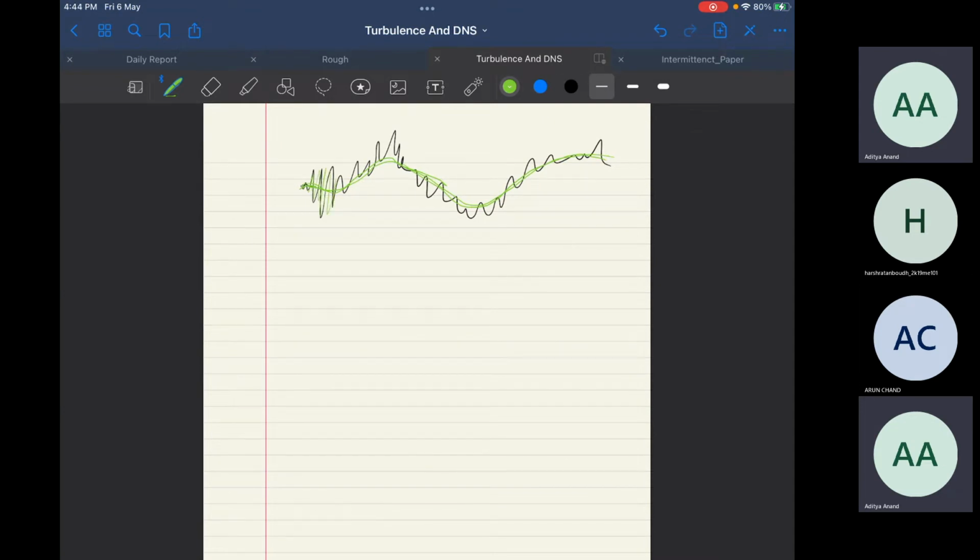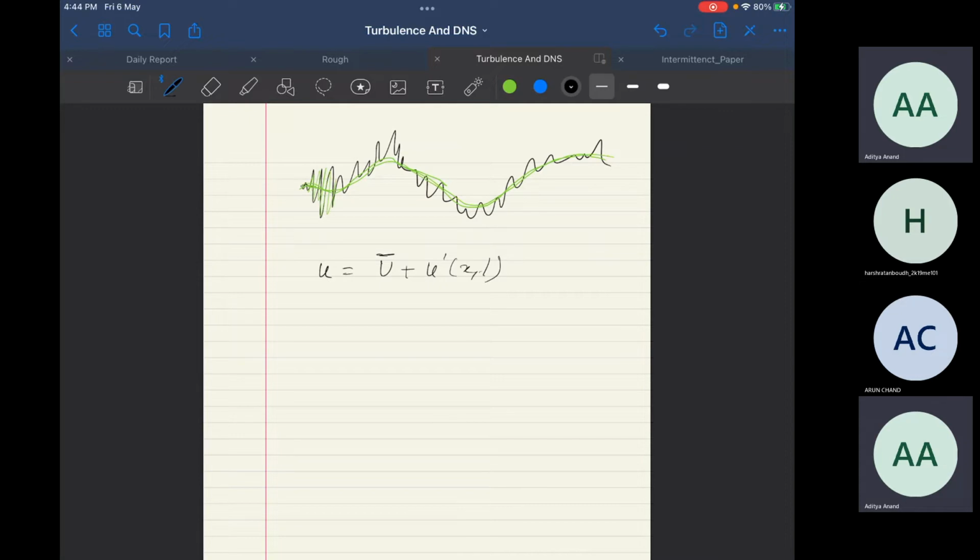Your instantaneous velocity field can be decomposed into the filtered and the residual. The residual is what is left. You can call it u prime (x,t). This is similar to Reynolds decomposition.